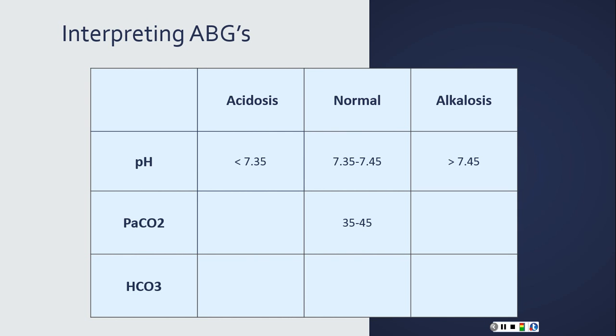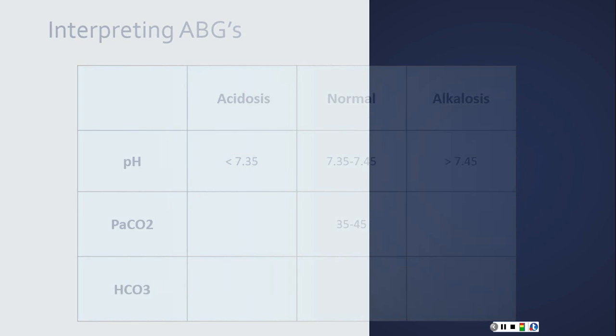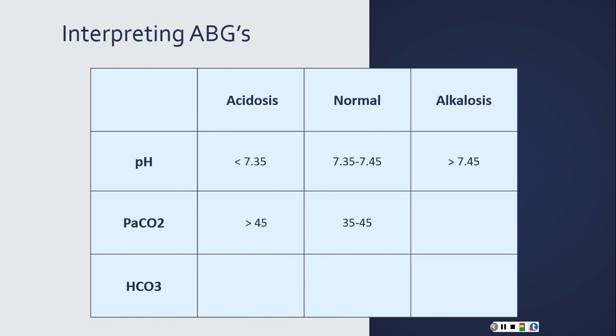Now, this is where it gets a little bit trickier. What did we say is more acidic? High levels of CO2 or low levels of CO2? High levels. So if the CO2 goes up, the blood becomes more acidic. So our 45 is going to go on the acidic side.